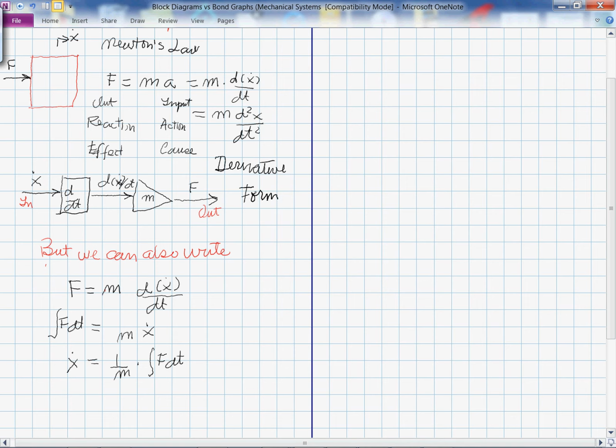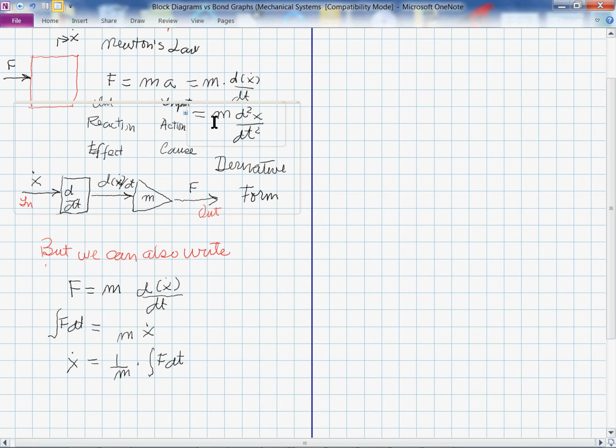So as we know, the block diagrams that we see in here are a representation of the equation. So this equation that is in derivative form is actually represented over here.